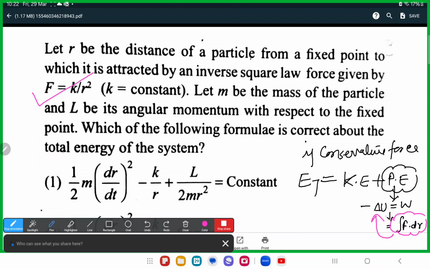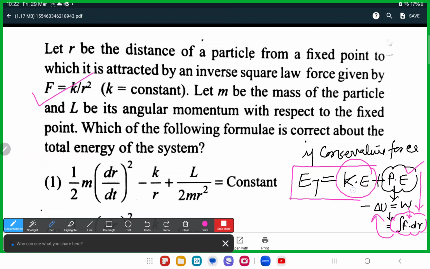So we can directly get potential energy by using this set of equations. Maybe in your examination the question will ask for total energy. Always remember, if a conservative force is there, the total energy will be the sum of kinetic and potential energy, and negative potential equals work done. So basically you can link the work and get the potential energy. This is the first energy that we can recover very easily. Now what about kinetic energy?